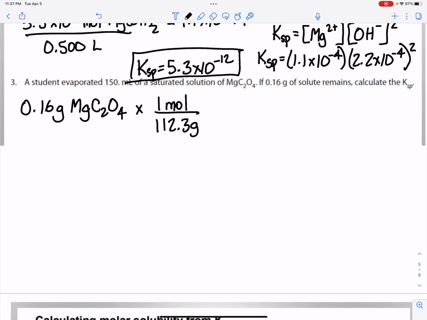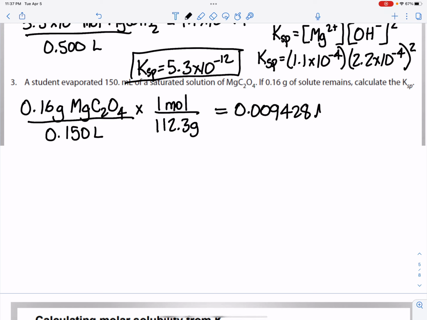Then because I want moles per liter, I'm going to divide by the number of liters of solution that they evaporated, which is 0.150 liters. And I find that the molar solubility there is 0.009428 moles per liter.